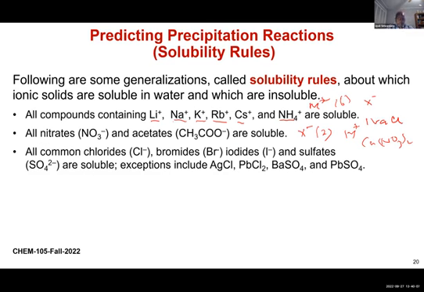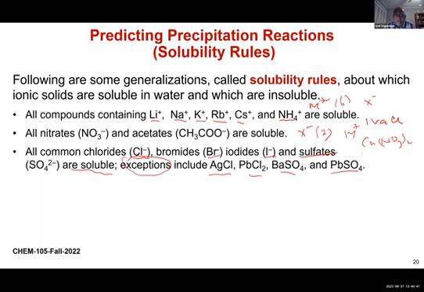Now, other things are very specific. If you have chlorides, bromides, iodides, and sulfates, they are soluble, except, and this is based on exceptions, only these four are insoluble.